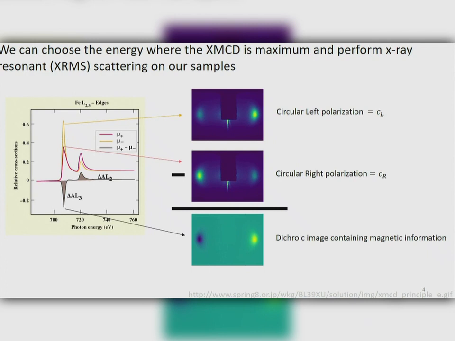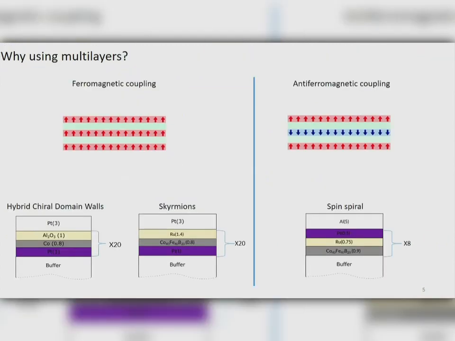For those that don't know, this is an image captured by the CCD camera in a synchrotron, and it is the reciprocal space of the reflection of X-rays. The distance of these lobes from the center gives you the periodicity, and the number of modes that you see gives you information about the sample. If you subtract these two, you have just the magnetic information of the sample. So it's quite interesting to use the XMCD effect.